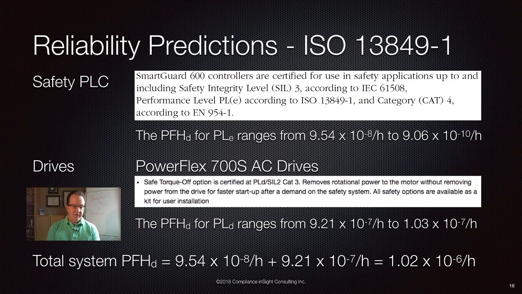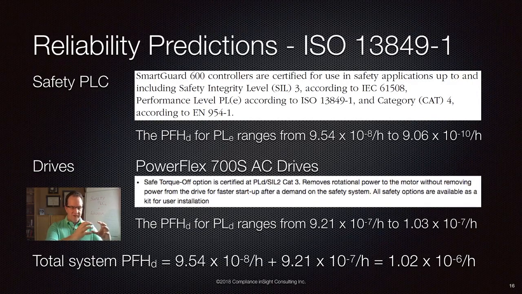And then for the drive I picked, it was a PowerFlex 700S. They don't give us anything other than performance level and category either. So they say that the PowerFlex 700 is PLd category 3. So we can make some educated guesses about what that actually means. And by the way, when a manufacturer gives you performance levels and categories like this, that means that you can treat their product like it's a black box.